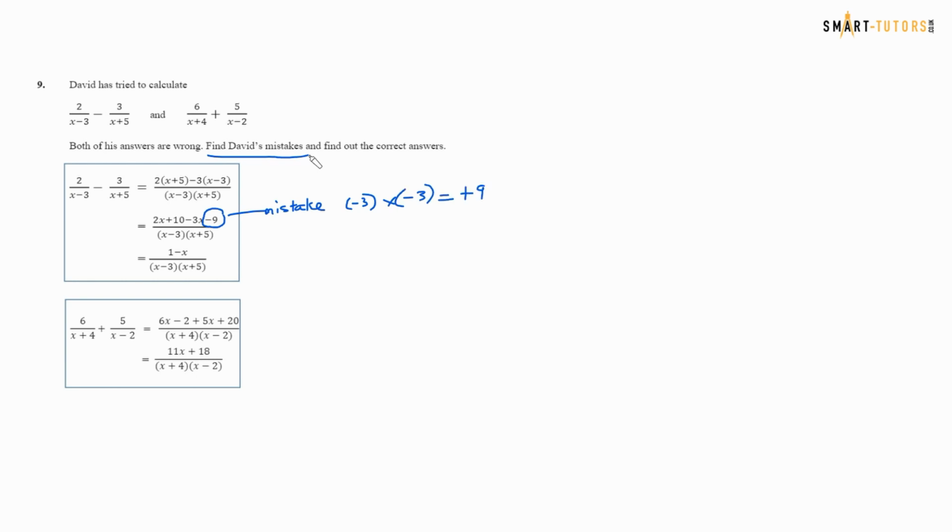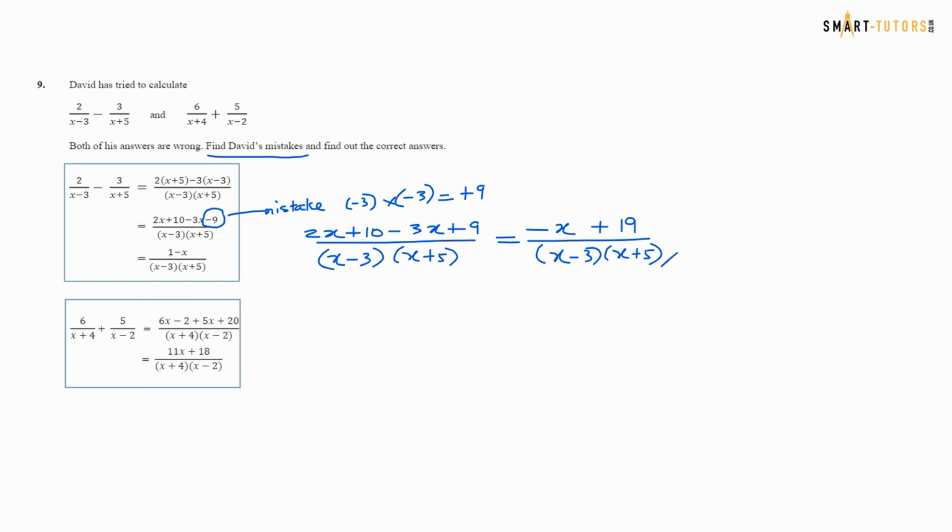So we are going to correct the question from there. 2x plus 10 minus 3x plus 9 over x minus 3, x plus 5 equals 2x take away minus 3x is minus x, plus 19 over x minus 3, x plus 5. That is the part 1 answer.